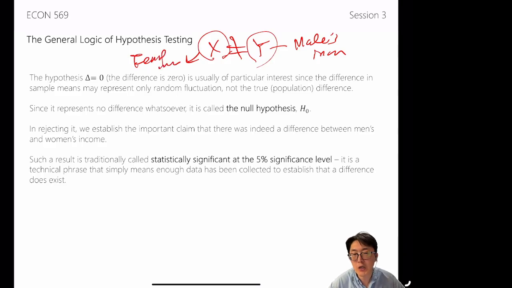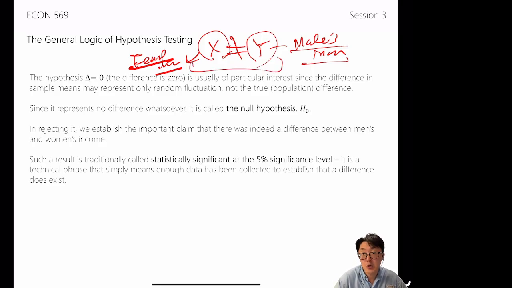Let's assume you'd like to prove the existence of income inequality. Income inequality means the mean value of male income is different from the mean value of female income. If you prove this is correct, then you prove the existence of income inequality.